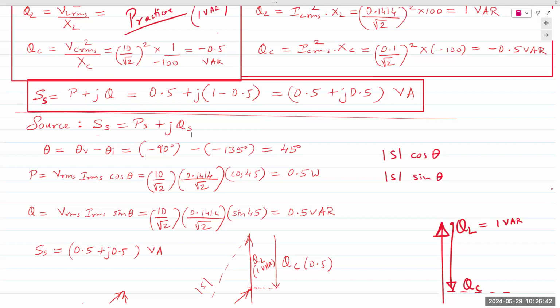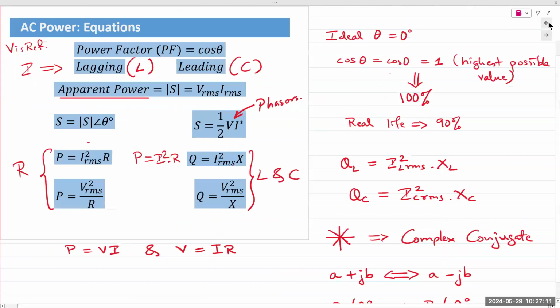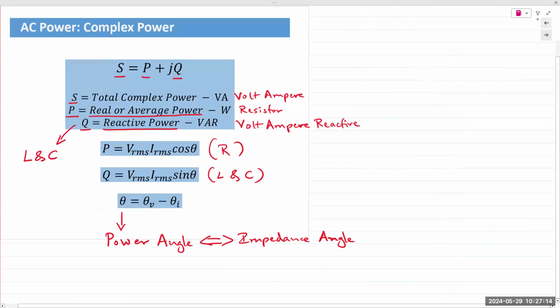Okay. So the first approach is you find the individual powers, R, L, C, and then you add it all up. You find the total source power. Second approach, you find the total power directly. Subscript S denotes that you're trying to find the total power supplied by the source. So S_S can be referred to as P_S plus jQ_S. Now we can use the other set of equations from here.